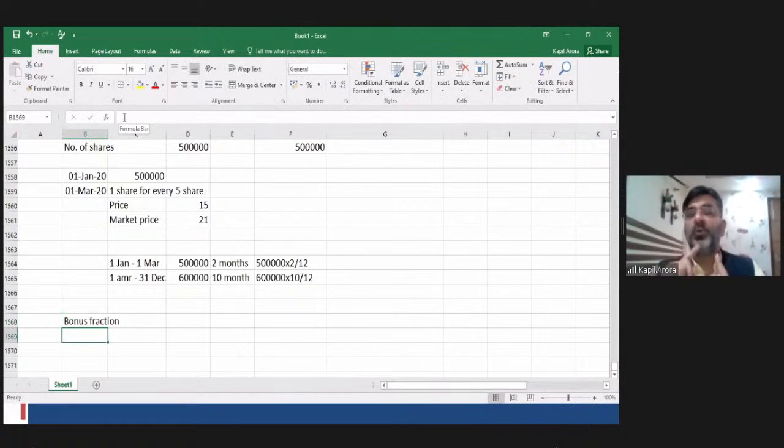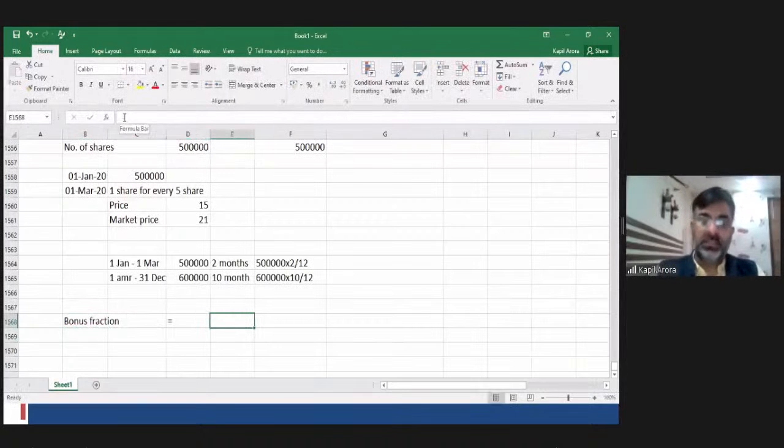Please make a note of this because this is a bit more complex than what we have seen earlier. In this case the bonus fraction would be a bit different. This is like a discount, but a discount in the form of bonus. Because you are already a shareholder, I am giving a discount. So this is the bonus fraction which we need to consider.